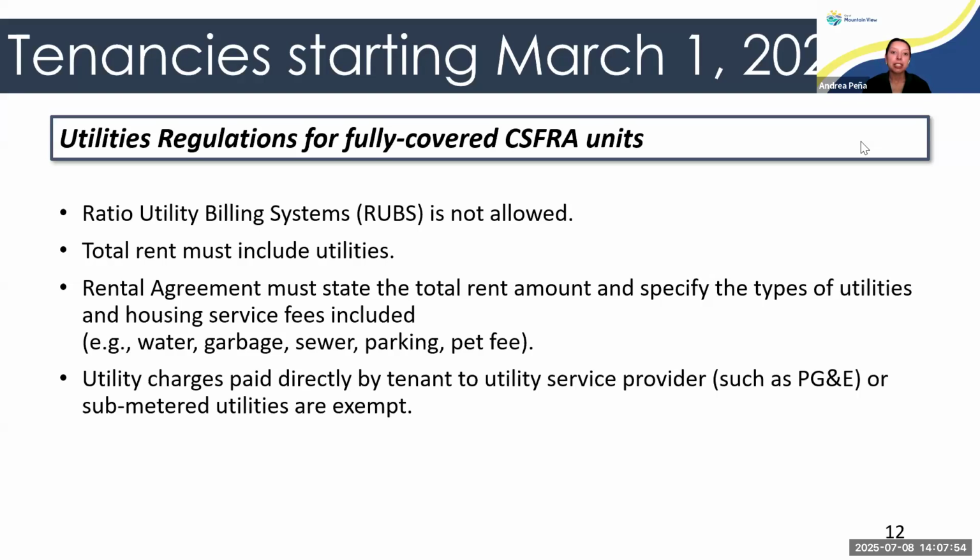The rental agreements should state the total rent amount and specify this type of utilities, just like I listed. Water, sewer, garbage are typically the common ones that we see. And utility charges paid directly to the service provider, like I said, such as PG&E is a common one. Things like internet, of course, is the responsibility of the tenant since those are submetered.